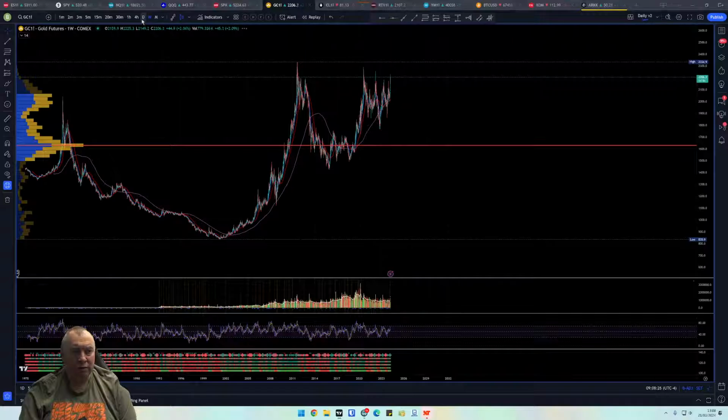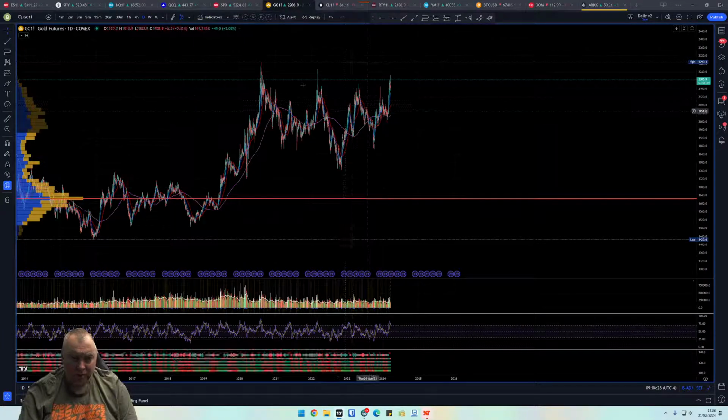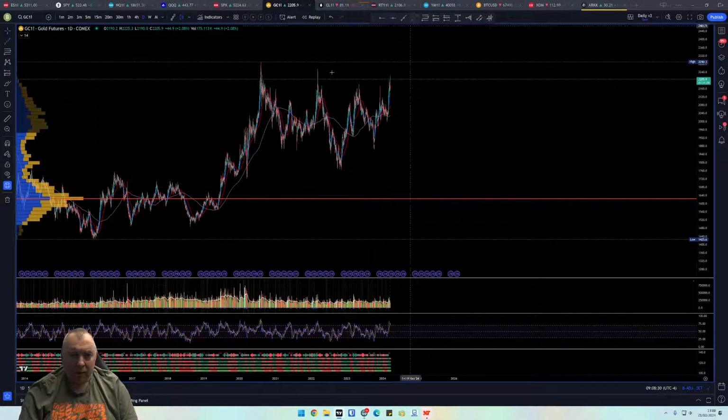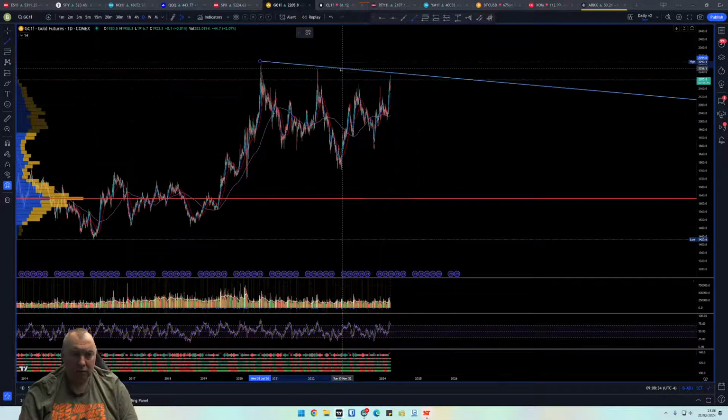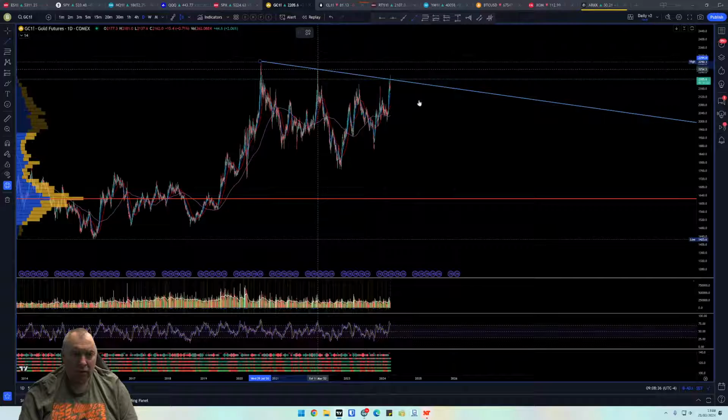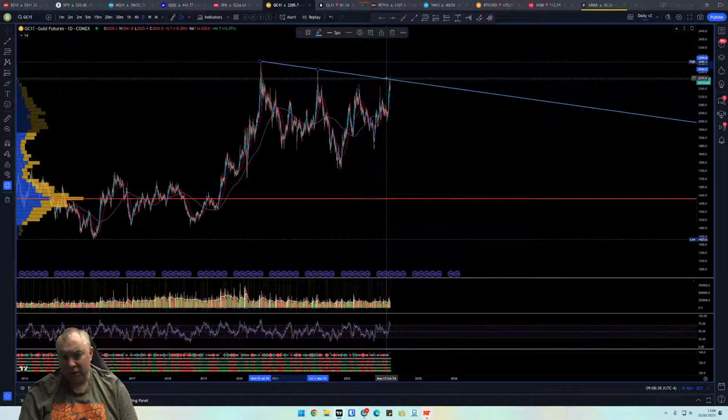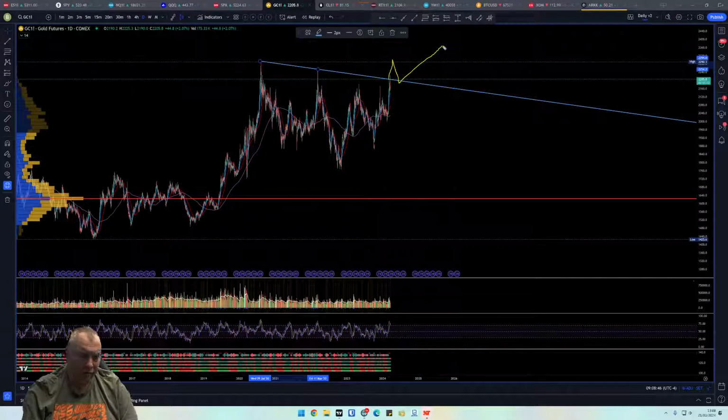Always like to go with a higher time frame so you can see where we are. Let's just put in some trend lines. Kind of there, you know, we touched it, we've broken through it right now if you look at it closely. So break and retest this trend line.